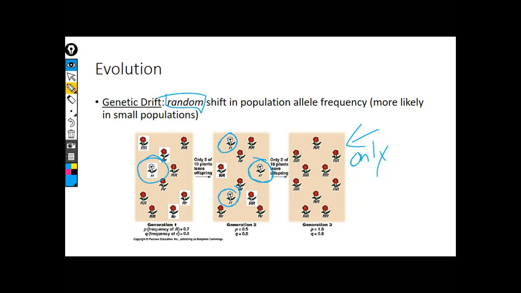That kind of random genetic drift is really only going to happen if the population is very small. You can imagine it's very unlikely in a population of 1,000 flowers that no white flowers are chosen by the bees. But you can imagine in a population of 5 flowers that one white flower maybe has a bad day, and now there are no white flowers.